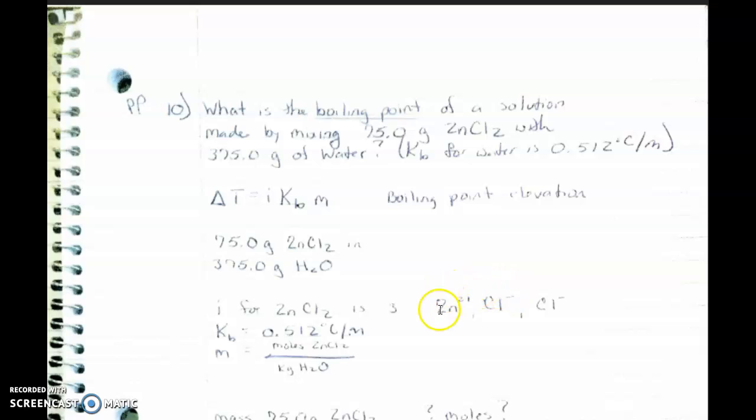So the total for i is 3 because we have 3 different ions that are going to be found surrounded by water molecules. And of course, we're given the constant 0.512 degrees Celsius per molality. And again, molality is moles of zinc chloride divided by kilograms of water.